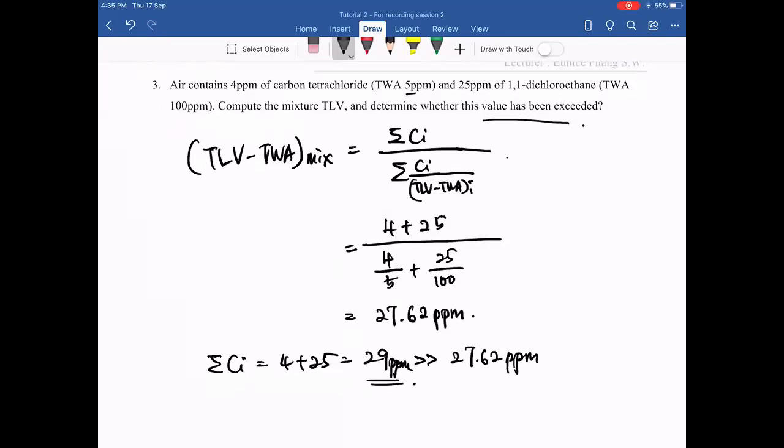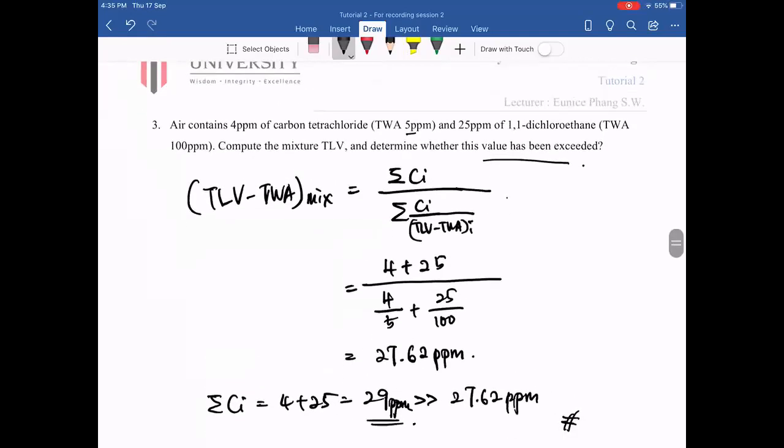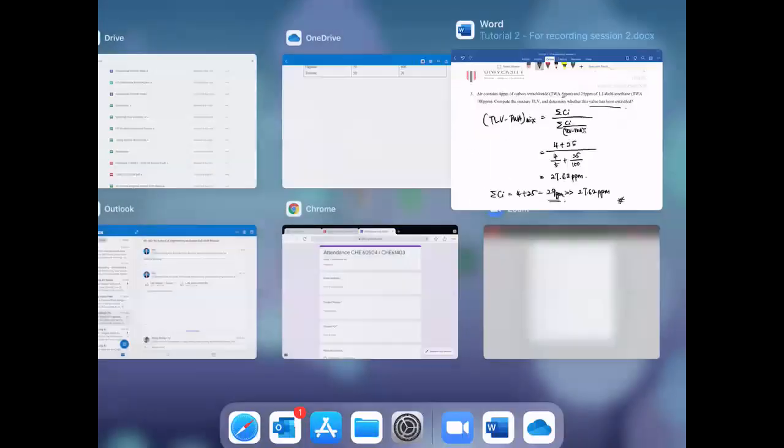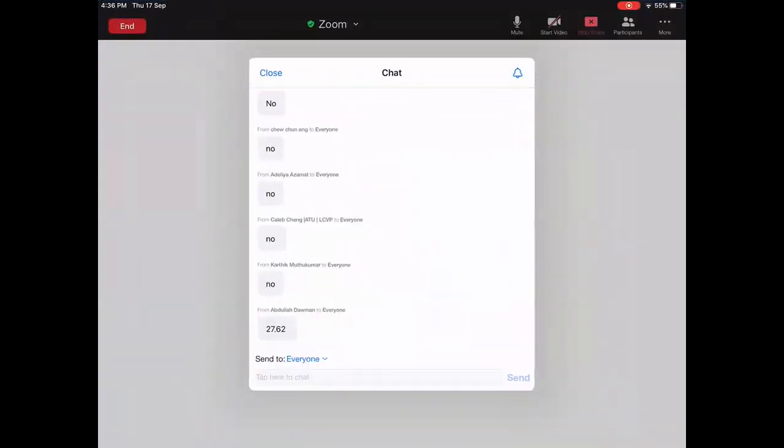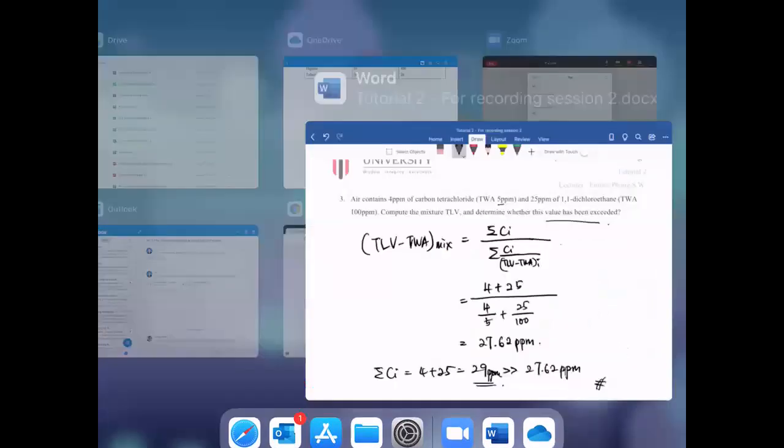The concentration is higher than the TLV TWA level. Yep, so straightforward, easy. Okay, any questions so far? If no, then let's move on.